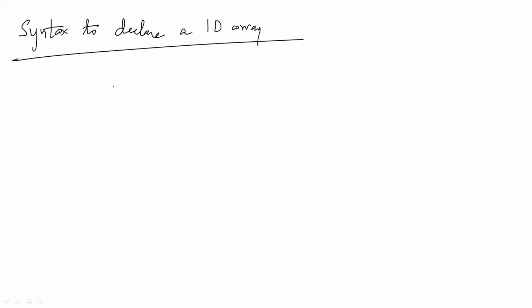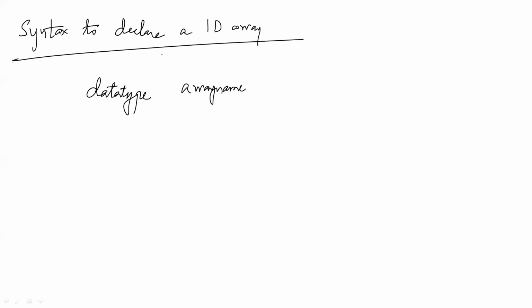Very, very simple. We have to know how to declare a variable. With the help of data type, some variable name. Instead of variable name, I am writing some array name.